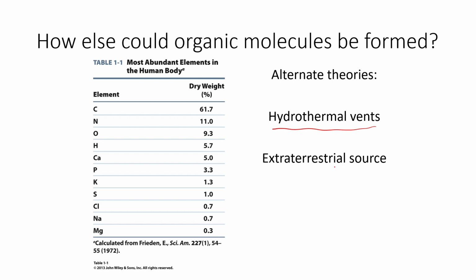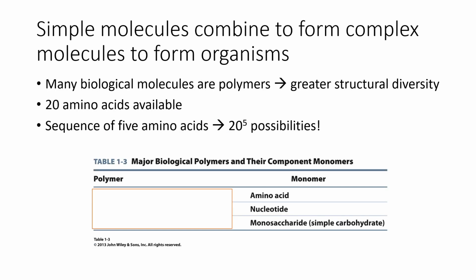There are also some people who believe that life has an extraterrestrial source, which is a theory that's very difficult to perhaps disprove. So now that we know that those simple molecules can be formed just through some very basic factors, including UV light and electricity, how might those simple molecules come together to form complex molecules, which ultimately form organisms such as our human bodies?